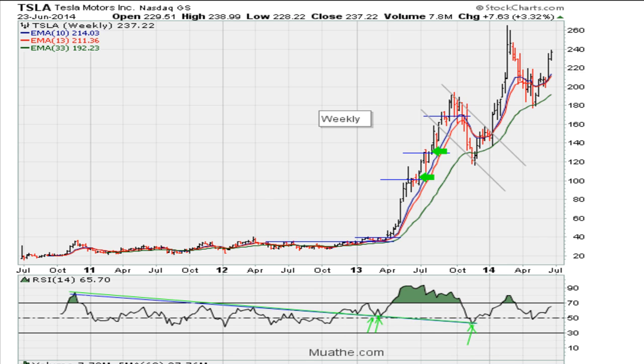You can see there was a perfect support level here, kissed that line, and that was that entry point here, about 120, 125, somewhere there in that range. And since then, you can see how the stock would go on to trade as high as 260. So almost double in price, just because you understand how to use uniformity by extending previous RSI breakout lines.